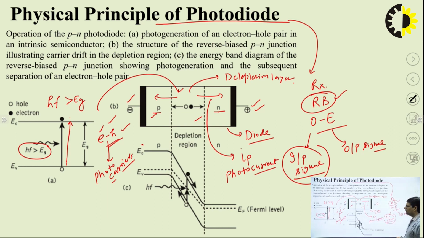So, by incidenting the optical power over the photodetector, we get photocarriers, electron and hole pairs, and under the influence of reverse bias they start moving and a current is generated across the load resistance, known as IP or photocurrent. In this way, photodiodes are used for converting the received optical power into the corresponding electrical form. The same principle is used in the different types of photodiodes, like the PIN photodiode and the APD photodiode.